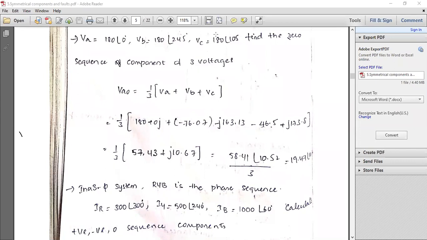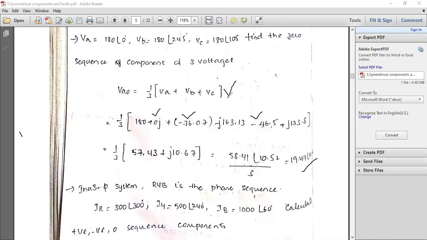We already know that VA0 is equal to VB0 is equal to VC0, so we use 1 by 3 multiplied by VA plus VB plus VC, where VA is 180 at an angle of 0, VB is 180 at an angle of 245, and VC is 180 at an angle of 105. If you add all these, obviously you will get 19.47. So this problem is also easy to solve, right?